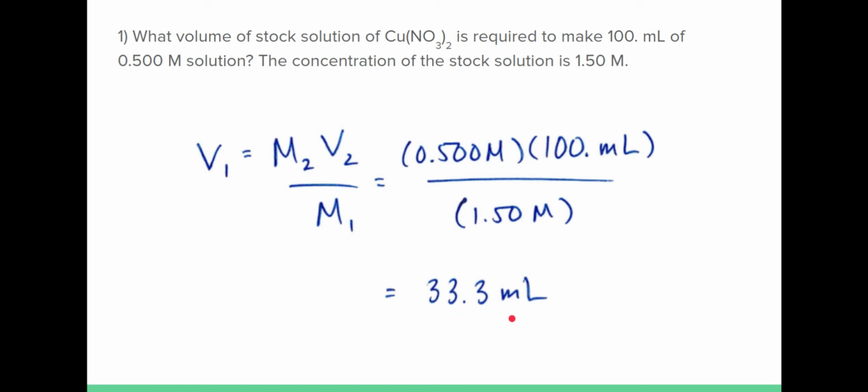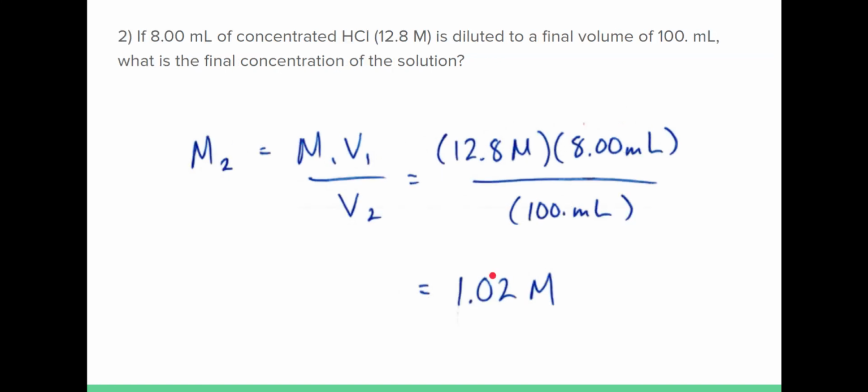33.3 milliliters. Now for practice problem number 2, we're trying to determine the final concentration of this solution after we dilute it. We know that the initial volume was 8 milliliters, and we also know that the concentrated acid was at 12.8 molar.